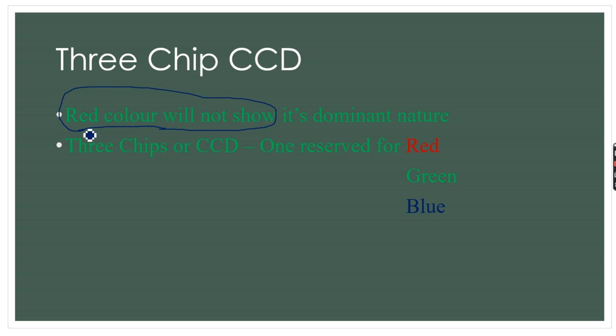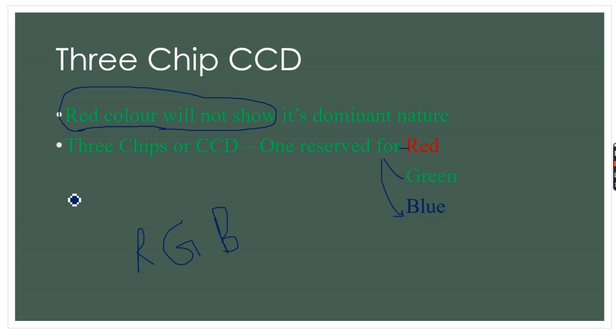Why? Because there are 3 chips, and one chip is reserved for red, one chip for green, and the third chip for blue, RGB. Right? So when the 3 chips are reserved for different colors, we get a very good, very colorful image, the natural color inside.